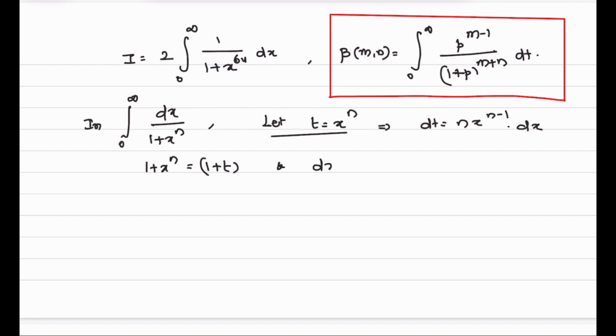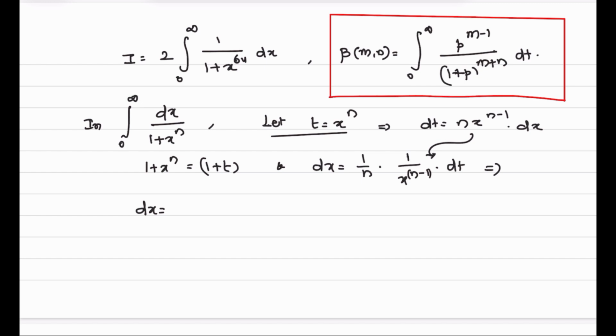And dx is equal to 1 by n into x to the power of n minus 1 into dt. Do you agree?